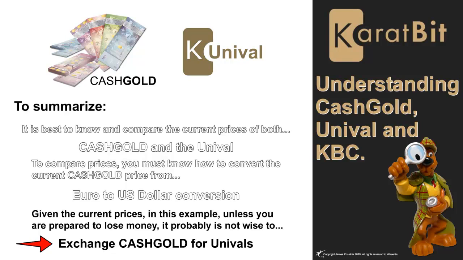Because if you make this transfer to Karatbit, you must understand right out of the gate, you're in the hole 64% in this example. So for every dollar you're transferring, you literally only have 36 cents, 35 cents left to spend and trade with. 64 cents of that is gone just because of the difference in price.